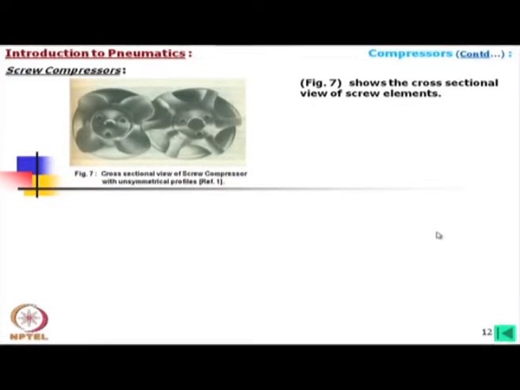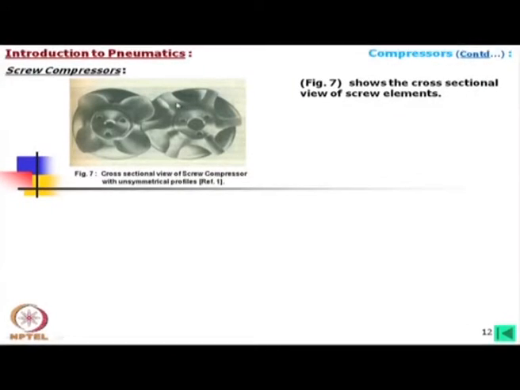Okay, then if we look into the side view of this screw compressor, as I told, these are not symmetric profiles. It looks something like this. One is thinner and another is wider, and here we have 4 lobes, that means it might be a 4 start screw, and here we find 1, 2, 3, 4, 5, 6, so here 4 and here 6.